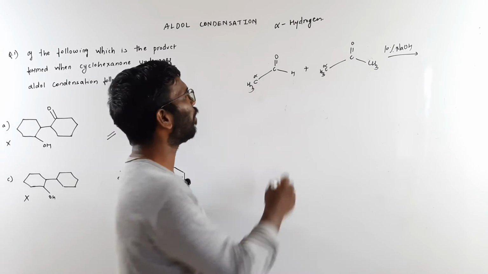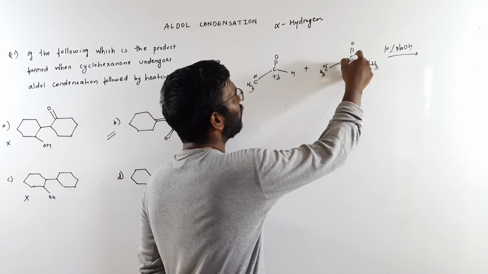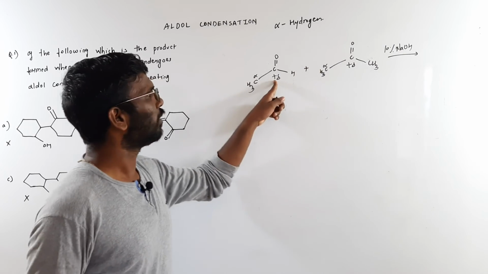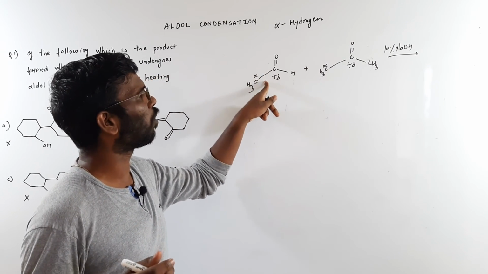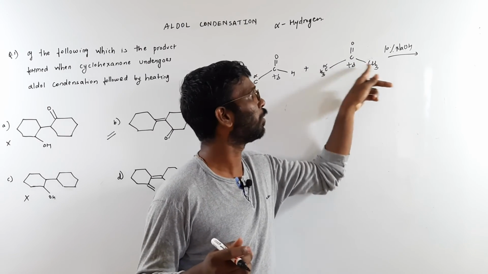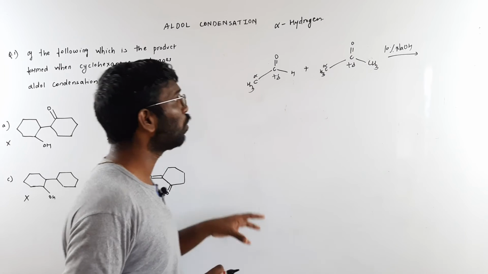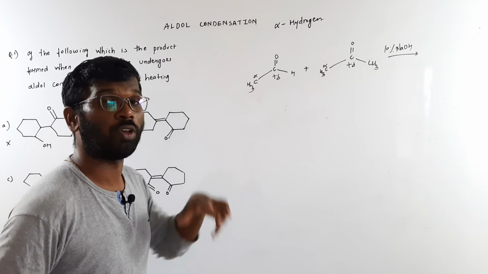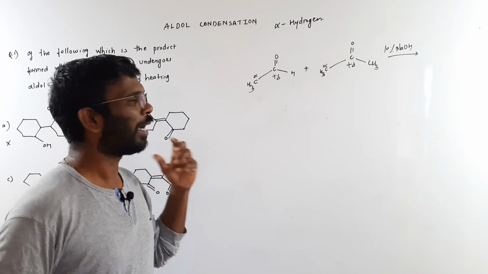We know that of the partial positive charges formed on this carbonyl and this carbonyl, the magnitude of the positive charge here is more because there is only one electron donating group. Here the magnitude is less because there are two electron donating groups. So once the nucleophile is formed, the higher the positive charge, the better will be the attack.